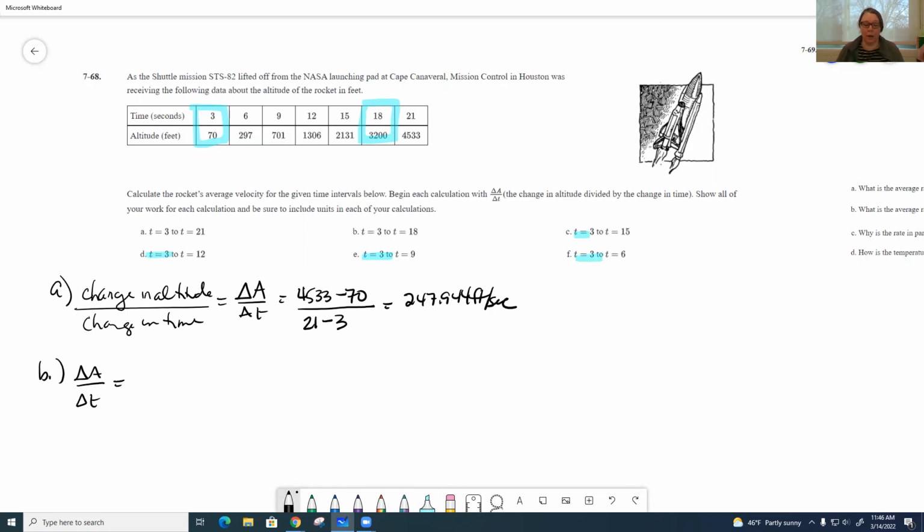So I don't need to write out the words change in altitude over change in time every time, but I would like to see this delta A over delta T. And I would also like to see that you're doing the subtraction. So 3,200 minus 70 over 18 minus 3, and then subtract, and divide, and you get 208.667 feet per second.